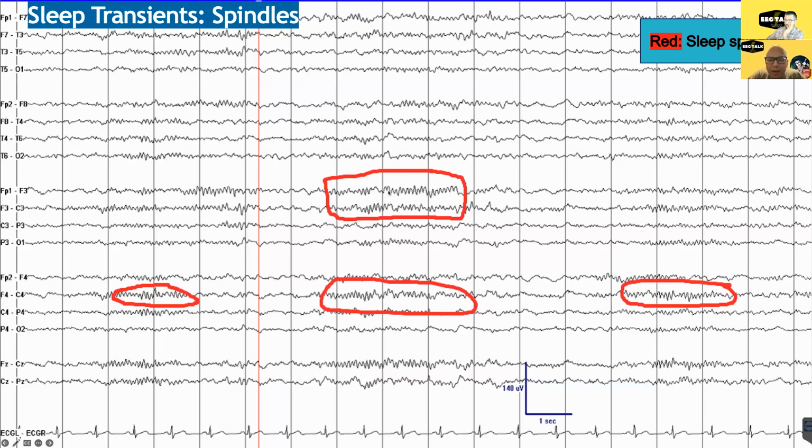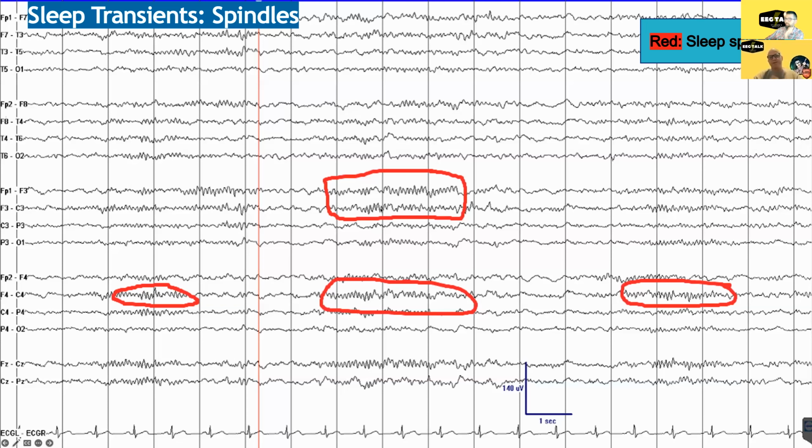And then the morphology is characteristic. I guess you would call it maybe arciform. Yeah, sinusoidal-ish. And they happen pretty frequently in stage 2 sleep.